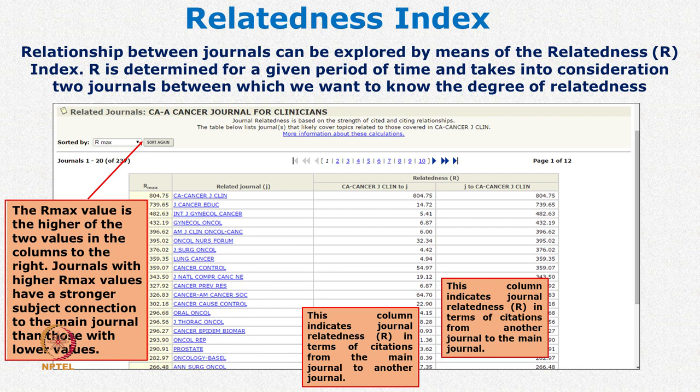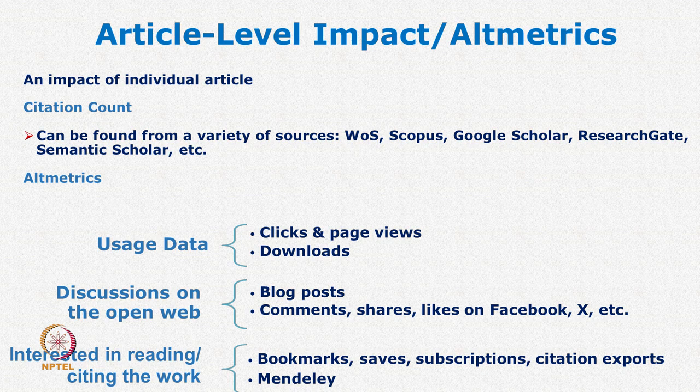There is a metric known as the relatedness index as well, where we can see a journal's degree of relatedness to other journals based on citation information. Altmetrics or alternative metrics measure the online reader behavior, network interactions with content and social media.